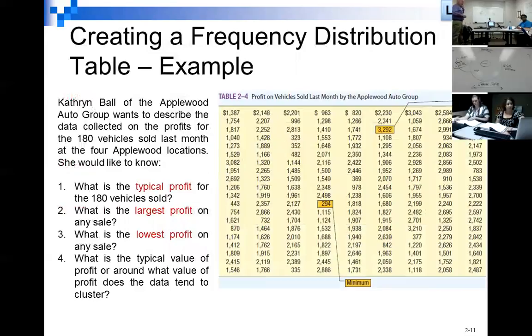Now let's look at an example of creating a frequency distribution. Okay, if you will refer to your text, we're going to start at the bottom of page 25 and go to the top of 26.